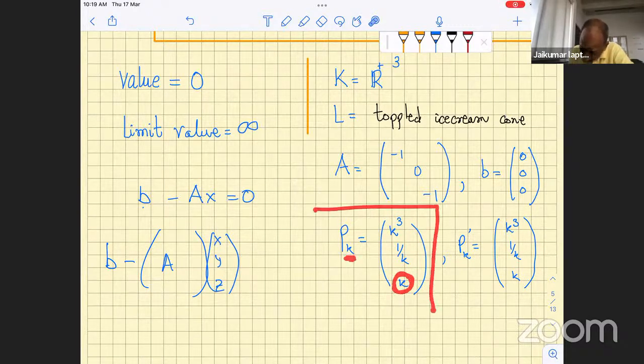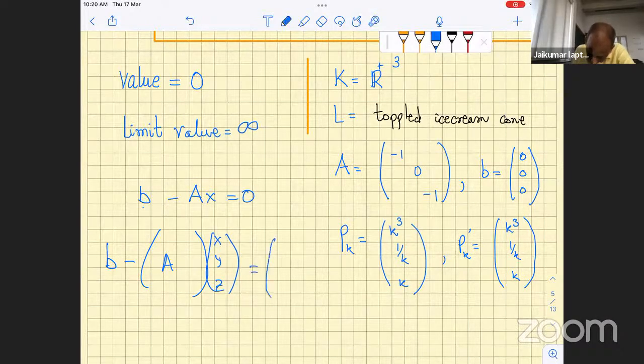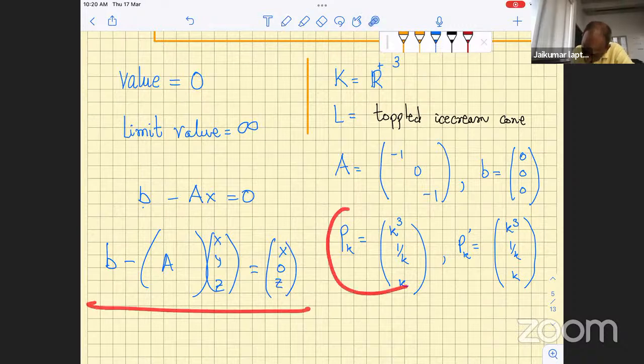I could always have set up some fake points where the third coordinate rises, but look at what happens if I apply this. If I apply this to this, I'll be left with k cubed, 0, k.